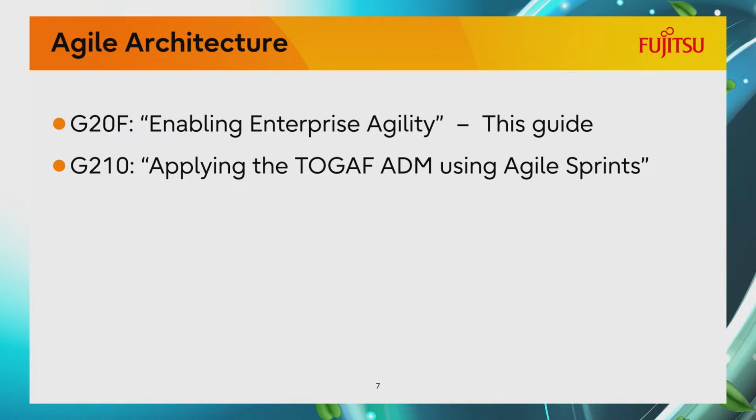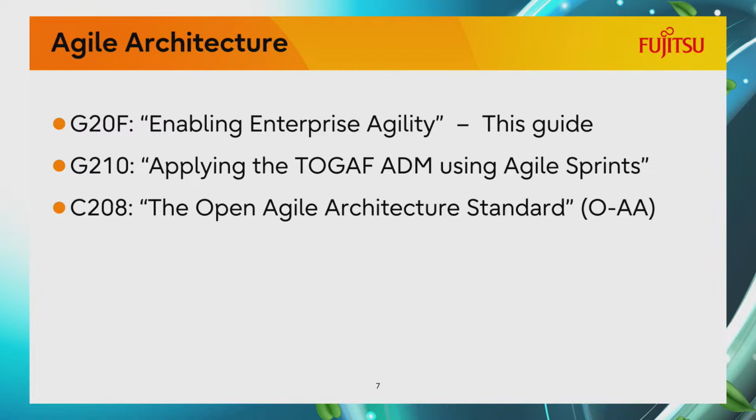And what that guide does is it zooms into the very particular part of the problem of how do I adapt the ADM to fit into the typical 2-week or so sprint cycles that common methods like Scrum, for example, talk about. So it really zooms into that part of the problem, which the Enabling Enterprise Agility Guide also looks at, but takes a view on some of the other aspects as well that I've been describing.